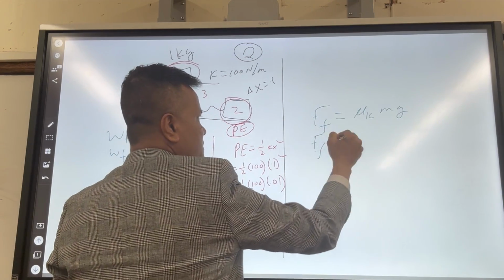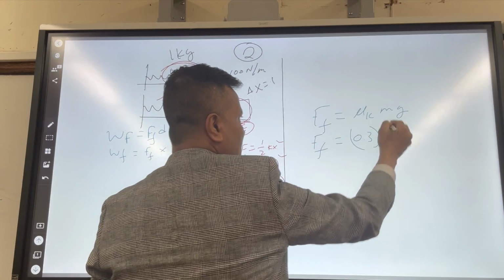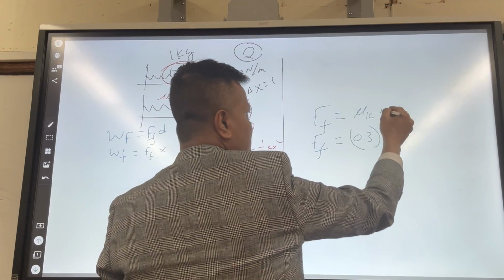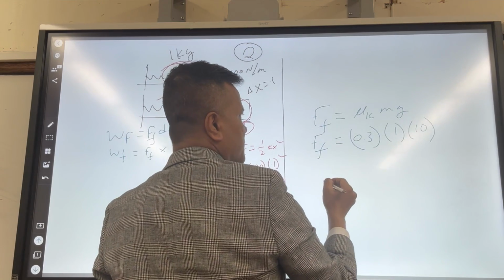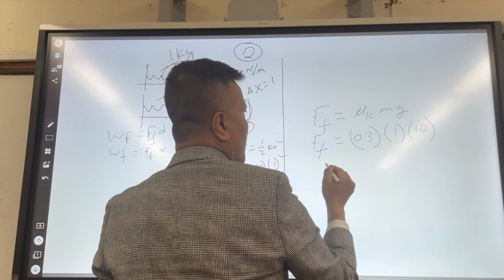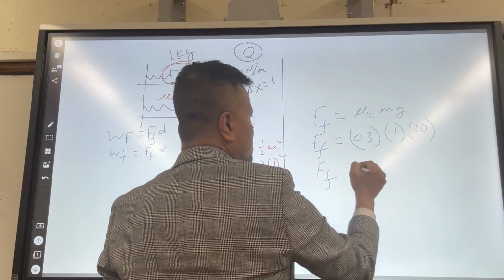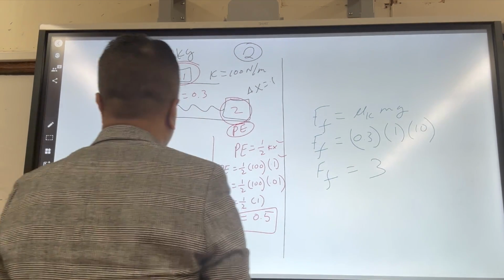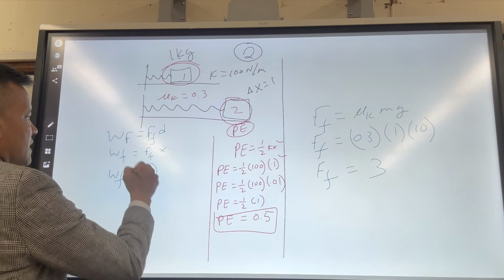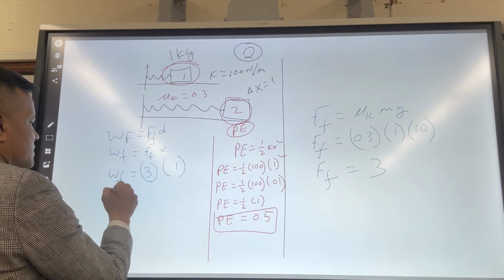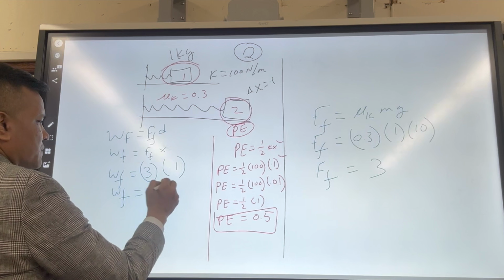So Ff is equal to 0.3, m is 1, and g is 10, so this is just 3. So Ff is just 3. So Wf is equal to 3 times 0.1, so Wf is equal to 0.3.